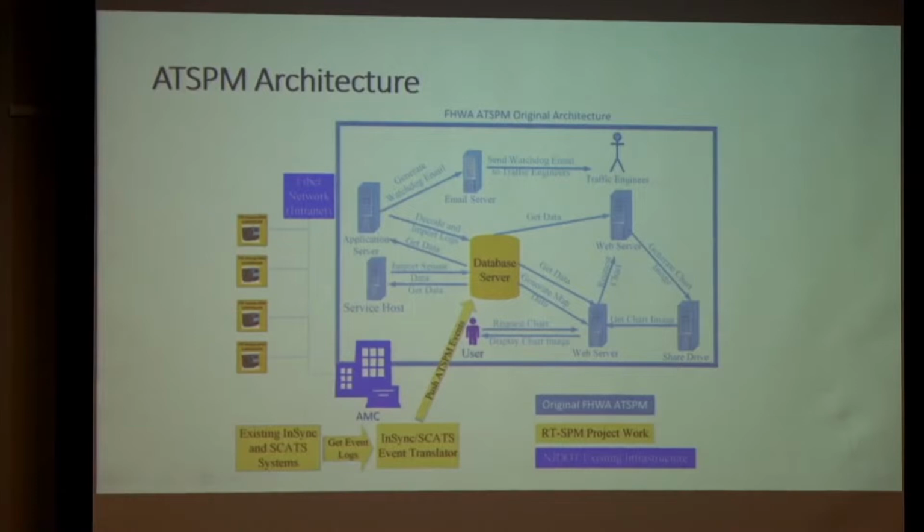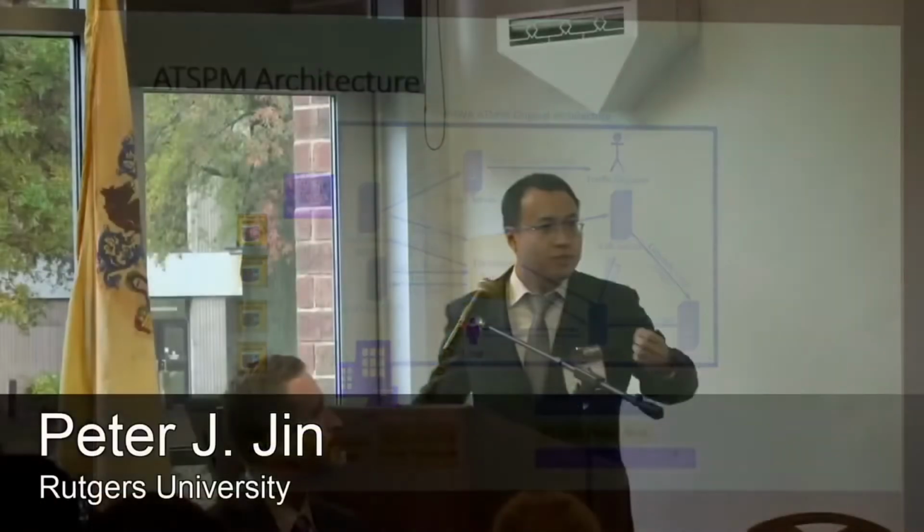And in addition to that, there's also the challenge that this really turns into field work, hundreds of signals, opening up the control cabinets. So we're looking at what existing infrastructure NJDOT already has, which is the existing adaptive signal control system.